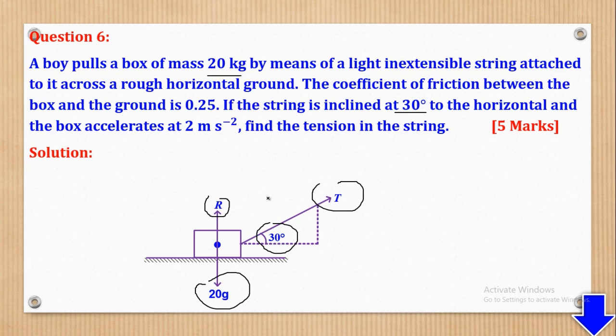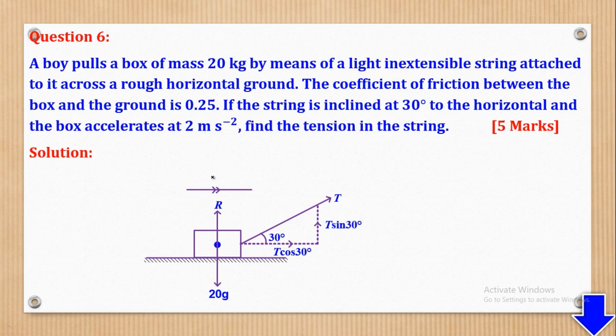Now before anything, we have to first find the components of that tension. The horizontal component will be T cos 30, because this 30 lies on the horizontal, therefore the horizontal will have cos. Then the vertical will be T sin 30.